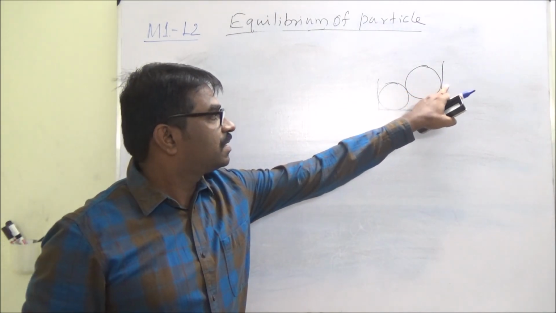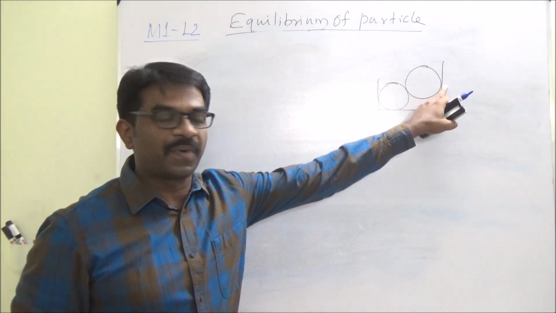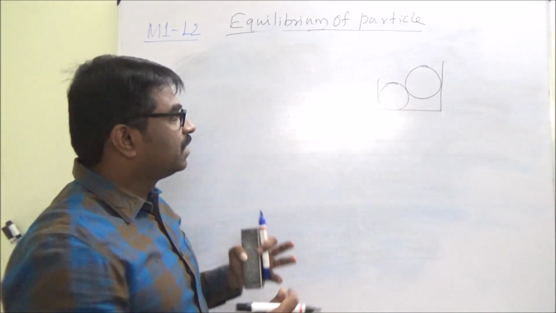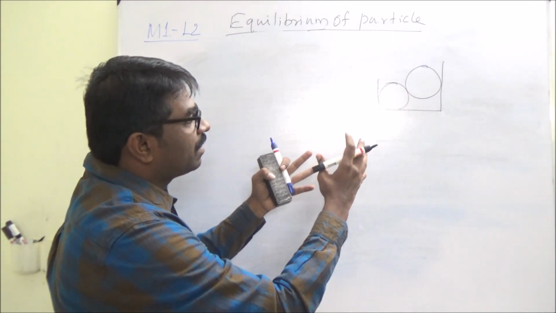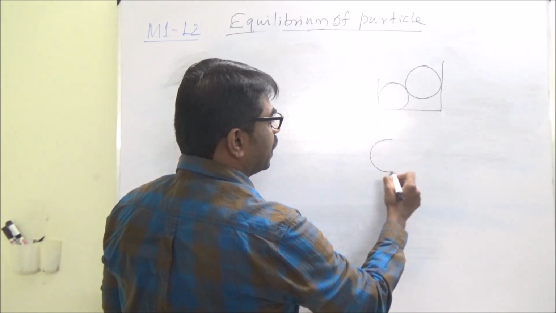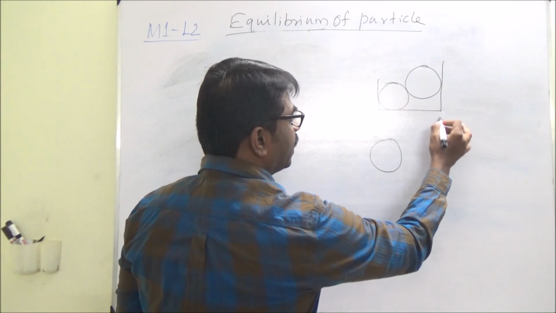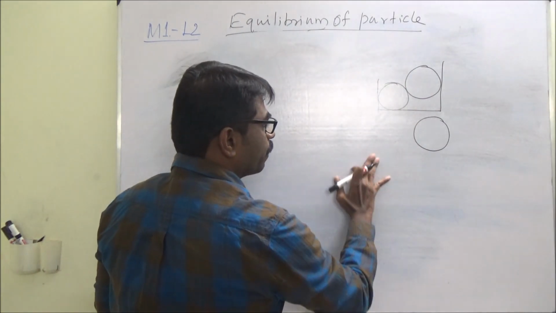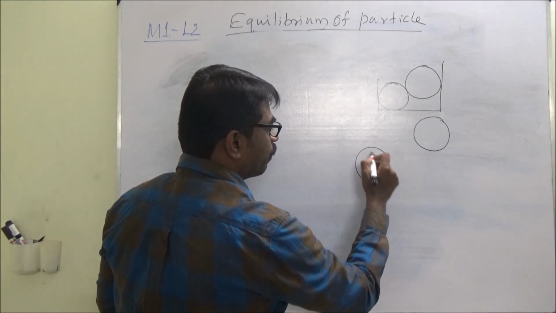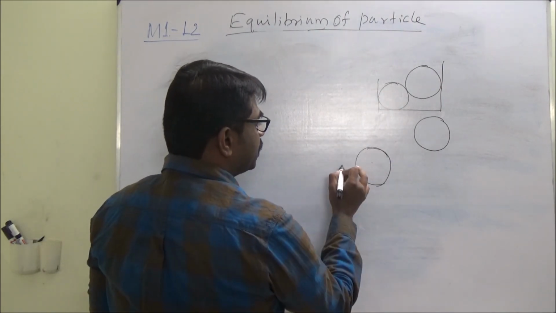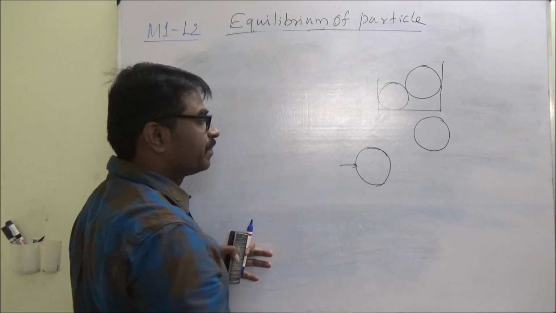This body is in contact with this surface, and these two bodies are in contact. So when we isolate the bodies, I am isolating this body and this body, and the reaction you will put like this.